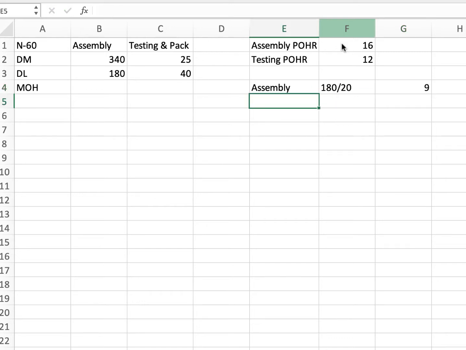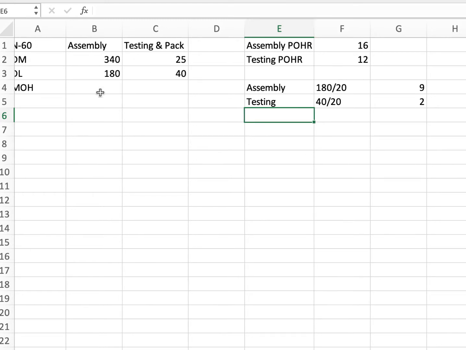Now let's look at testing. How many hours does testing use? Well, the testing department incurs a total of $40 of direct labor. We pay these people $20 per hour, so they incur 2 direct labor hours.